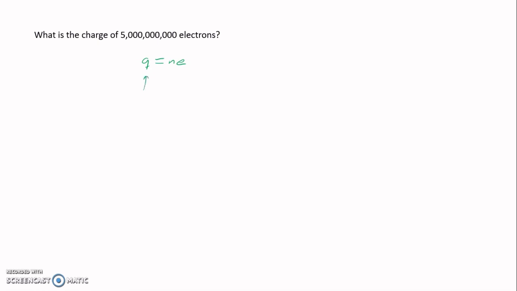We want to know the total charge, so that's Q. So Q is going to equal the number of electrons, 5 billion, times the charge of one electron, 1.6 times 10 to the minus 19th coulombs. This is a total charge of 8.0 times 10 to the minus 10th coulombs, which would be about 0.8 nanocoulombs.